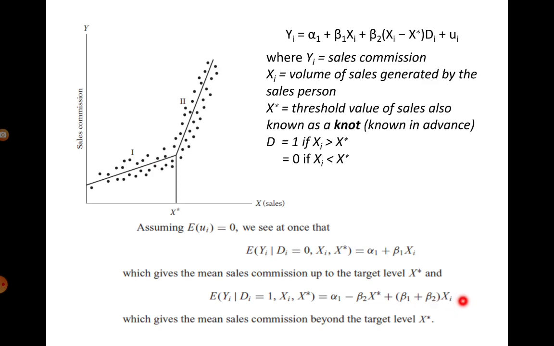You have got this final equation by just rearranging alpha 1 plus beta 1 xi plus beta 2 times (xi minus x star). So as you can see, for the second component in the figure, that is the second line segment, the difference in intercept is given by alpha 1 minus beta 2 x star, and the difference in slope will be given by beta 1 plus beta 2. Right? This is the differential slope.